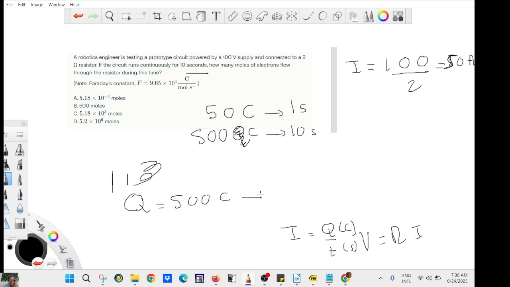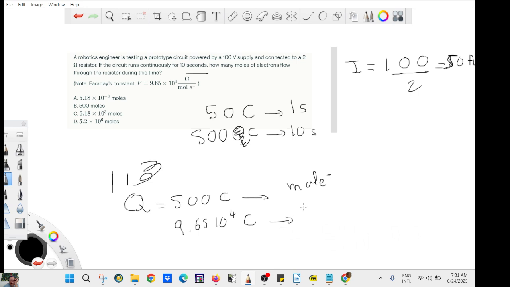And you don't know how many moles of electron you have, but you know that you have 9.65 times 10 to the fourth coulomb for 1 mole of electron. And this is question mark. So you have to divide, right?